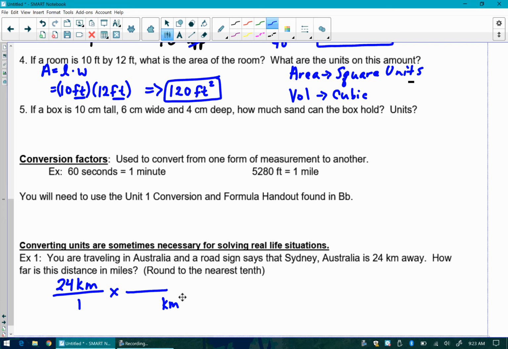And as we just saw on the conversion sheet, I can go directly from kilometers to miles. So I put those miles up top. And then as I mentioned to you, that 1.6093 is associated with the kilometers. So since kilometers are on the bottom, the 1.6093 goes on the bottom. The 1 is associated with the mile, so the 1 goes up top with the mile.